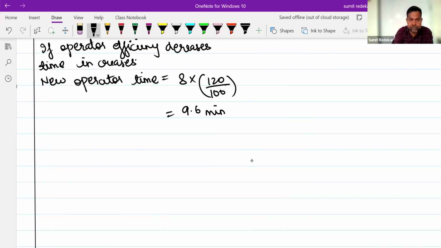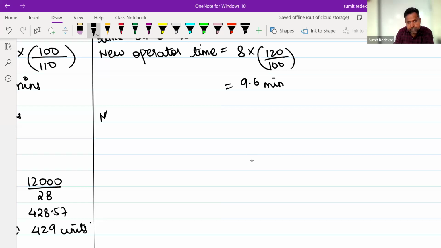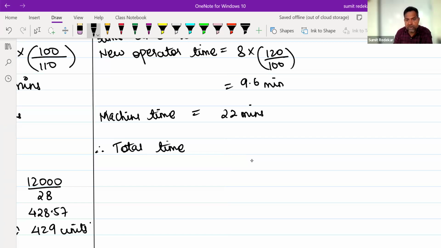That will become 9.6 minutes. Machine time will remain the same. That is 22 minutes. Total time is 22 plus 9.6 minutes, which is 31.6.